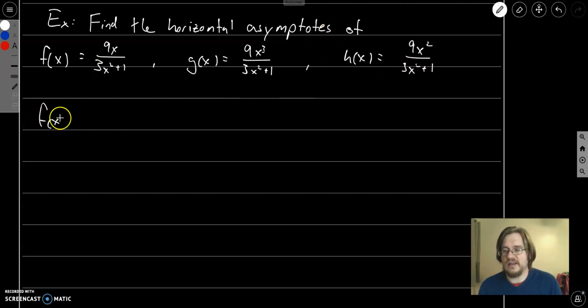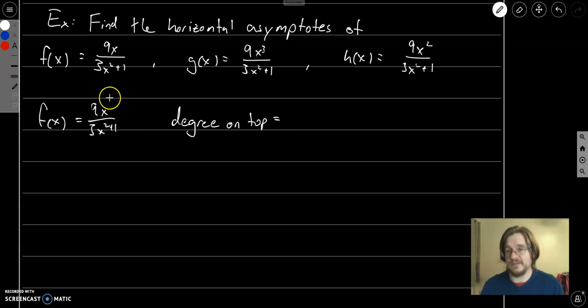So let's look at f of x. We have 9x over 3x squared plus 1. For the moment, we're just looking for horizontal asymptotes. So what we need to do is find the degree of the top. Here I have 9 times x. This is x to the first power.